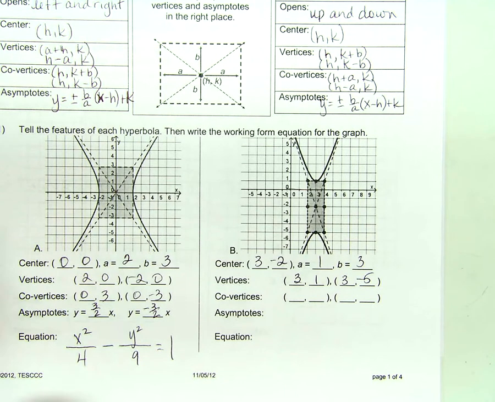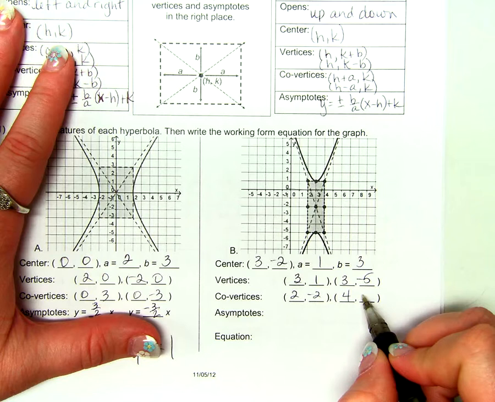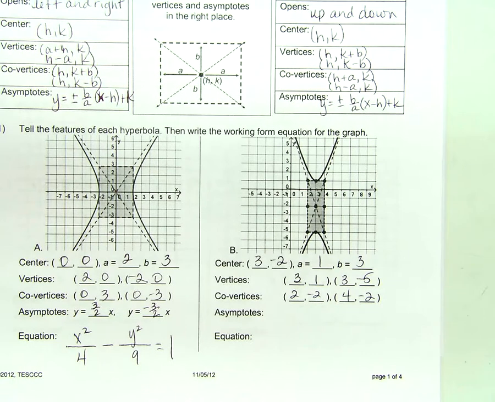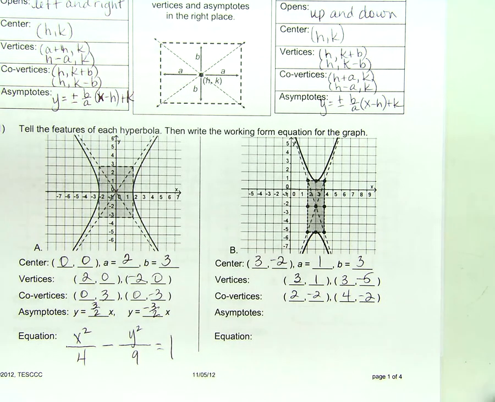Where are the covertices? 2, negative 2, and 4, negative 2. Where are the asymptotes? Are they as easy this time? No, in fact, you can't even see where they cross, right? So we kind of need to use this formula, don't we?